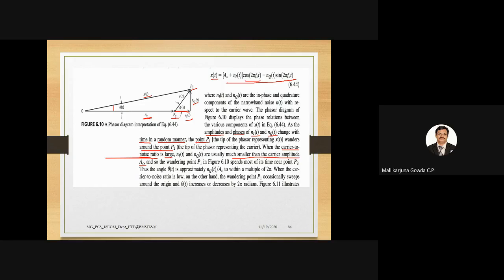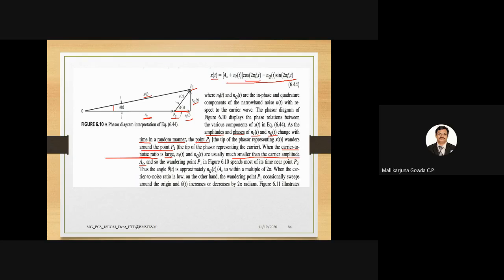In that way, ni of t and nq of t will be small compared to the amplitude of the carrier signal. Means the point P1 will be nearer to the point P2. So the wandering point P1 spends most of its time nearer to the point P2, right?